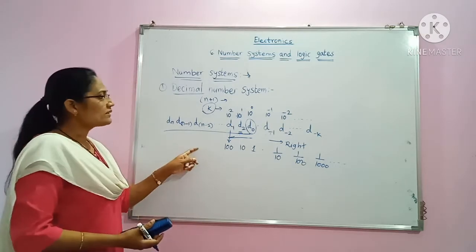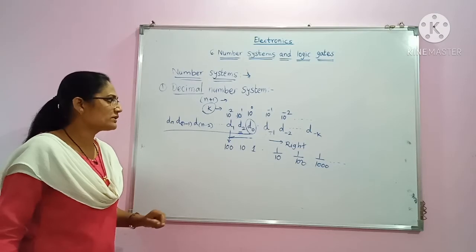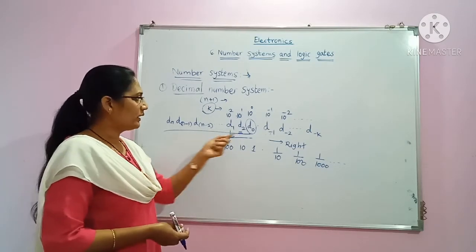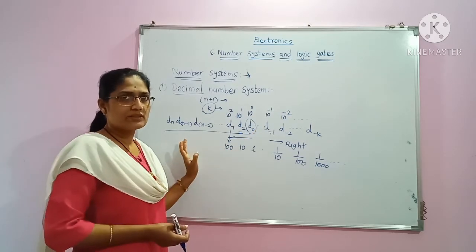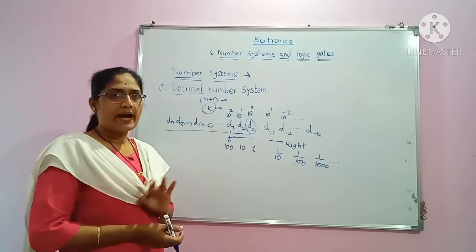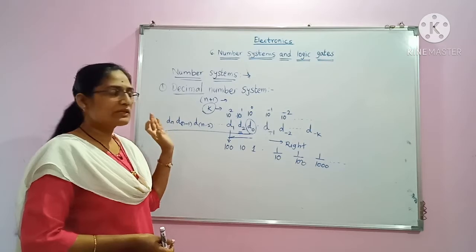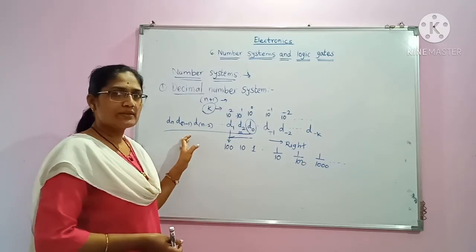So, this is related to the decimal number system. We have considered a mixed number and we have given a decimal point. We know that it consists of 10 symbols and hence its base comes out as 10. These 10 symbols are 0 to 9, a total of 10 symbols.